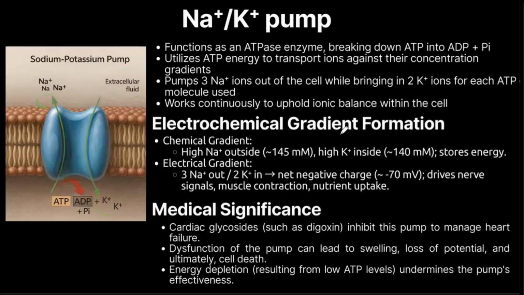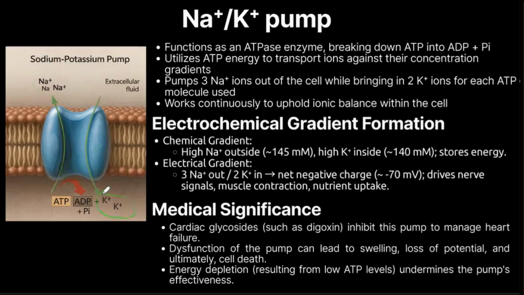And what that means is, if you remember on the periodic table, sodium is highly positive, and then also we have potassium. So because of the behavior between sodium and potassium, it creates an electrical gradient because you have 3 sodiums which are out while you have 2 Ks coming in.